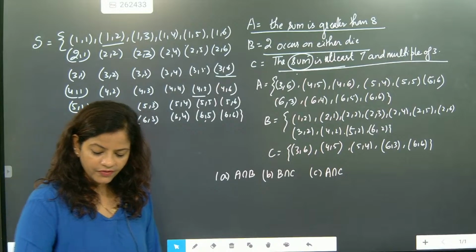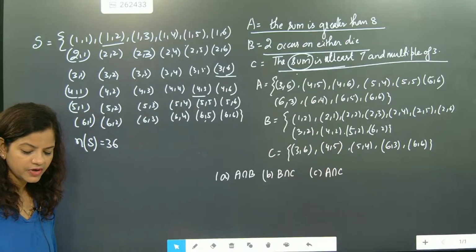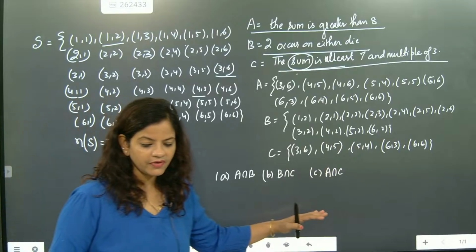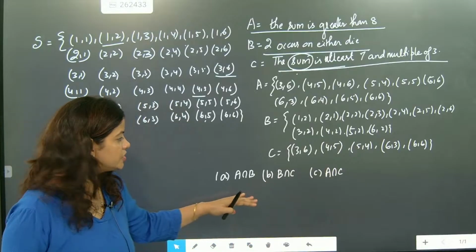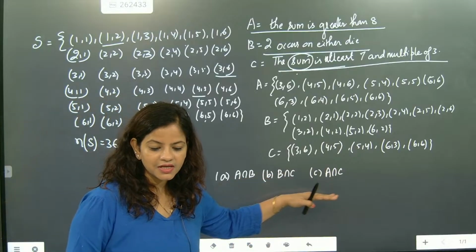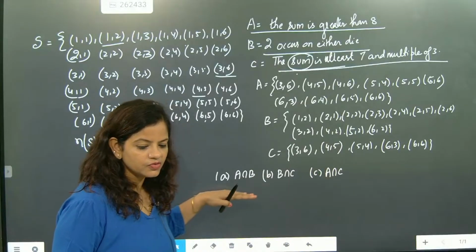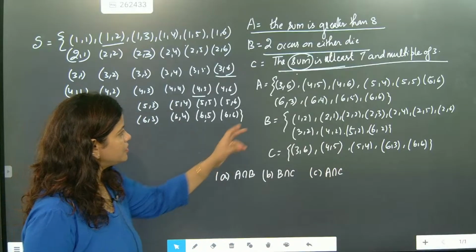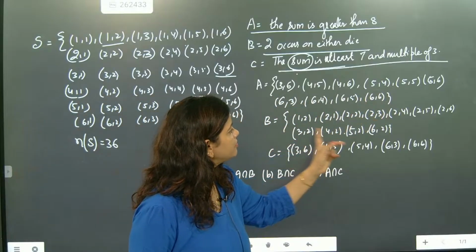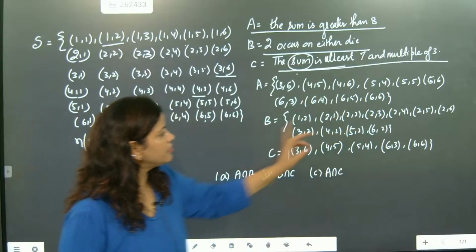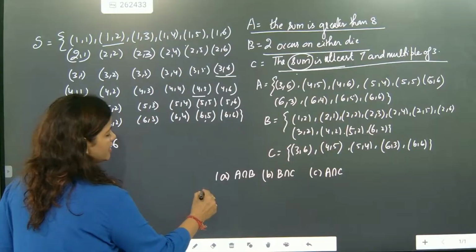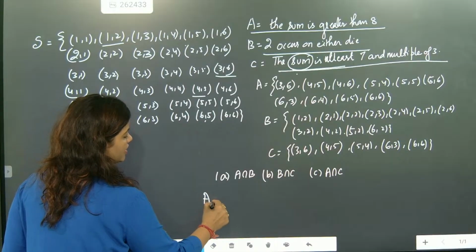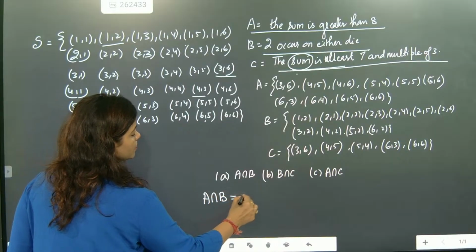Okay. Now we will go for the next part. Can you check this one out? So this is exactly one thing, beta: A intersection B, B intersection C, and A intersection C. When we have written this, A intersection C, A intersection B, check beta, is anything common coming between them? Nothing common coming between them. That means A intersection B is equal to the empty set.